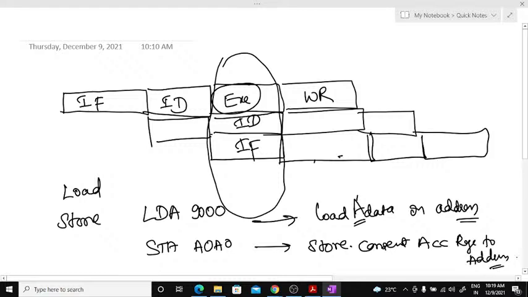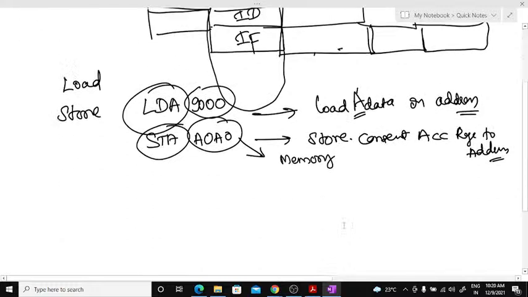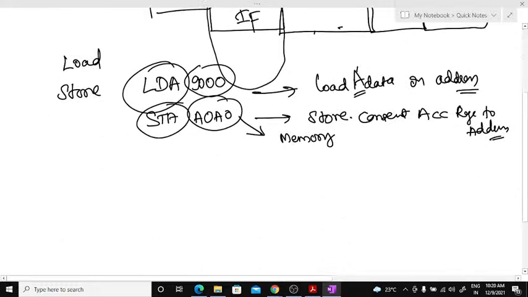Both are opposite operations, load and store, but this load store operation is performing the operation with memory, means accessing the data from the memory. Load the data to memory, store data from the memory.